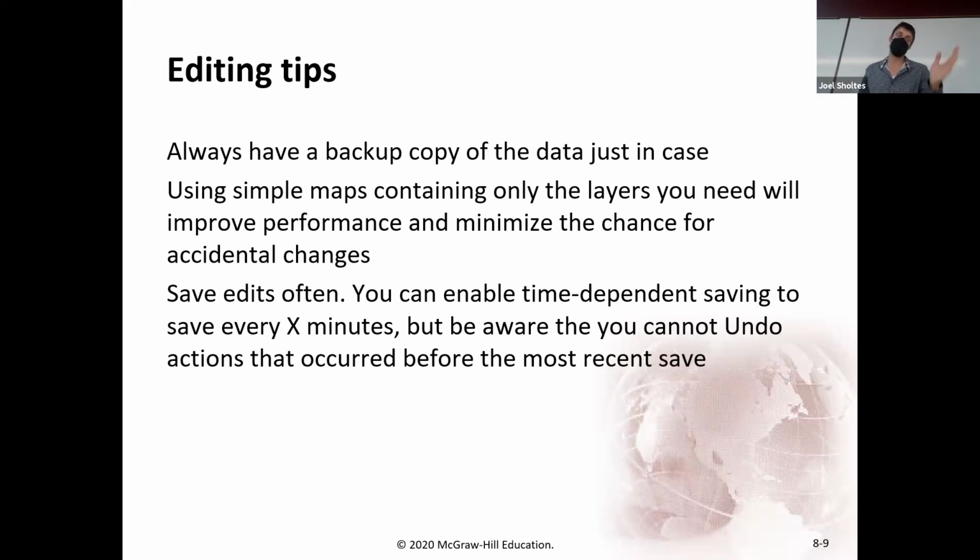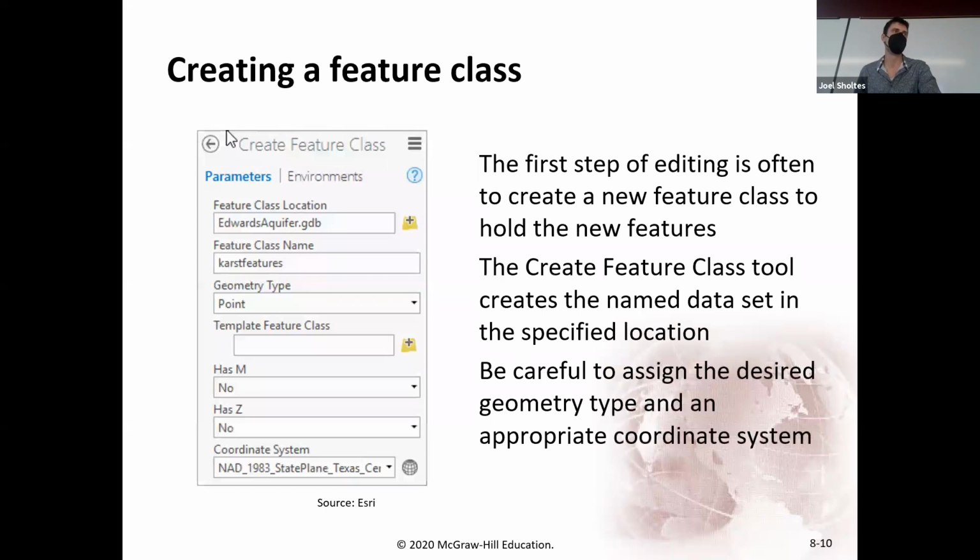So saving often is important, but having a backup file when you do edits is also important, so that if you delete something accidentally, you can go back to that backup. That's just copying all the shapefiles and putting them in a different folder before you start.